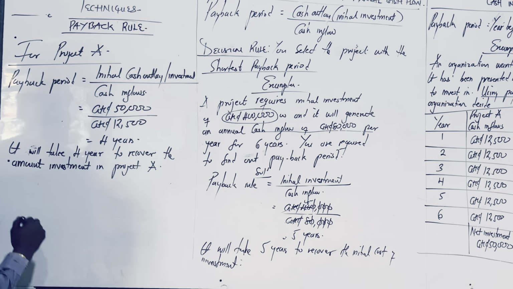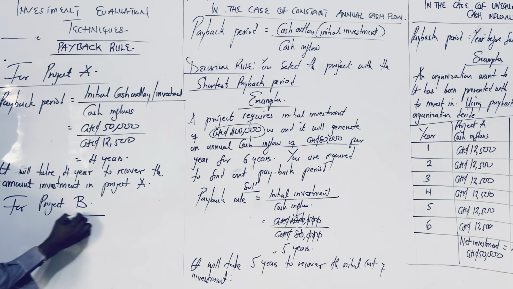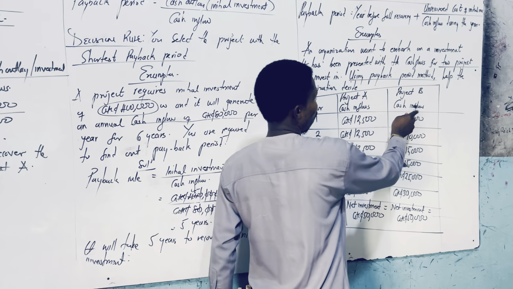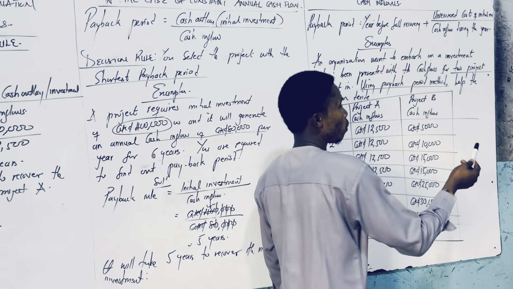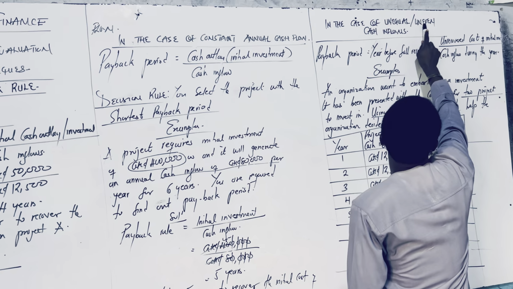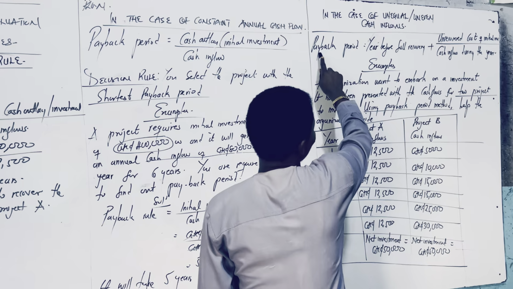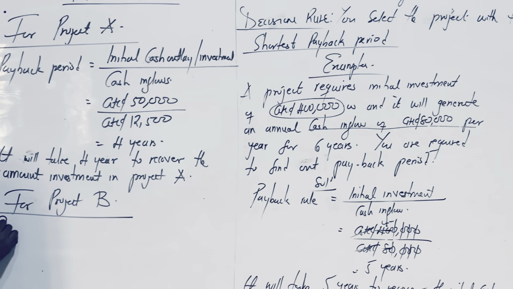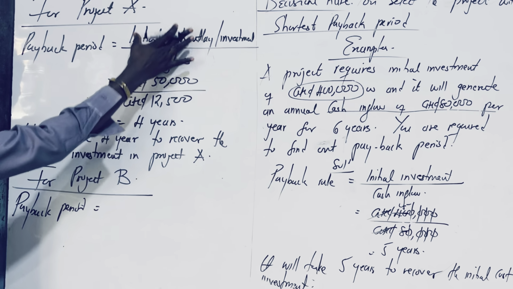All right. Now let's come to Project B. Now you see that for Project B, the cash inflows are not constant as compared to Project A. That is the second case. Like I said, in the case of unequal or uneven cash inflow, the formula is that the payback period is equal to the year before full recovery, so here our payback formula is going to be different from this.